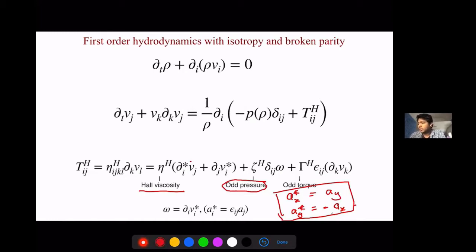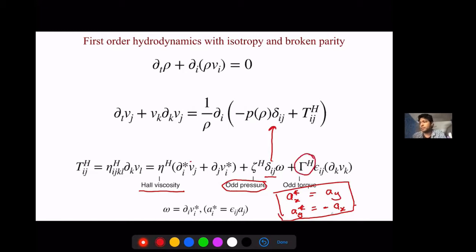So the second term is odd pressure. And the reason it's called odd pressure is because note that it comes with the delta ij term. So this can be absorbed into the pressure term, and you can think of it as a vorticity shift to the pressure term. That's why we call it odd pressure. And the third one is called odd torque.